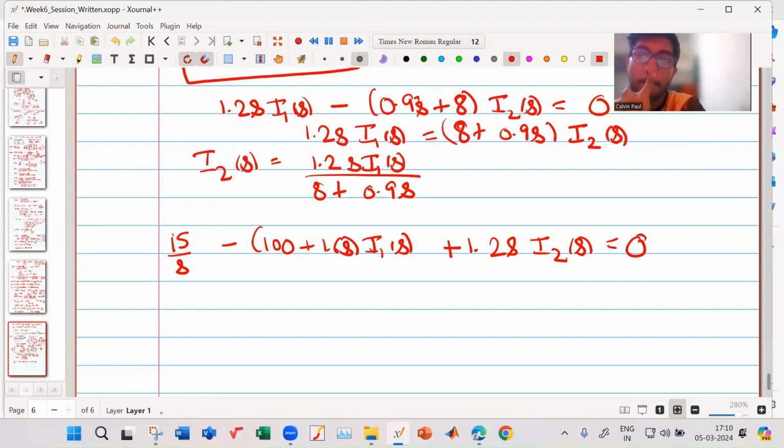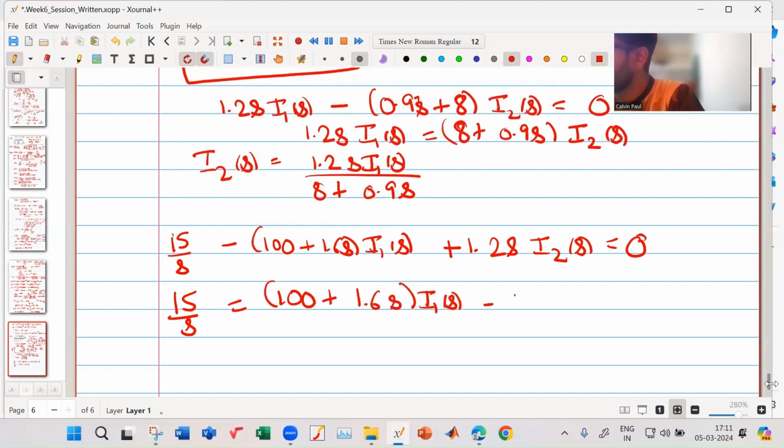All right? So we write it as 15 upon s is equal to 100 plus 1.6 s into I1 of s minus 1.2 s into I2 of s. This is equation 1. This is equation 2.